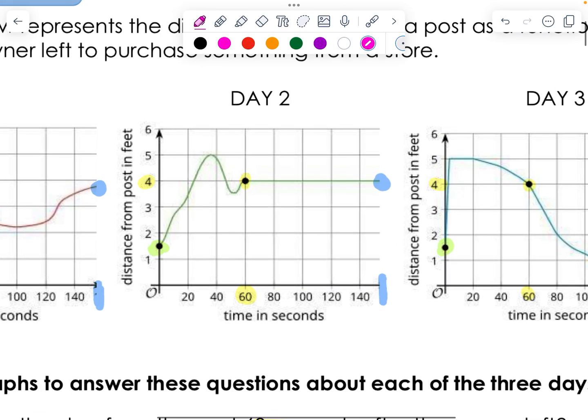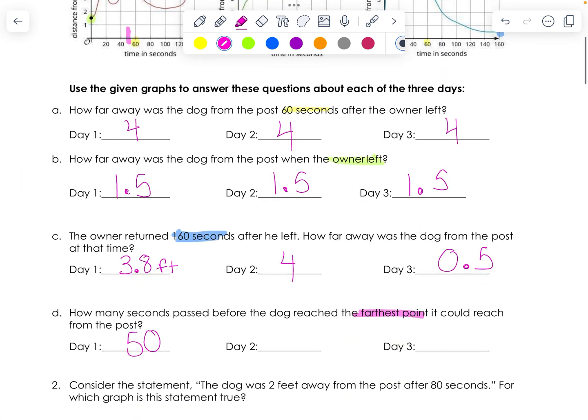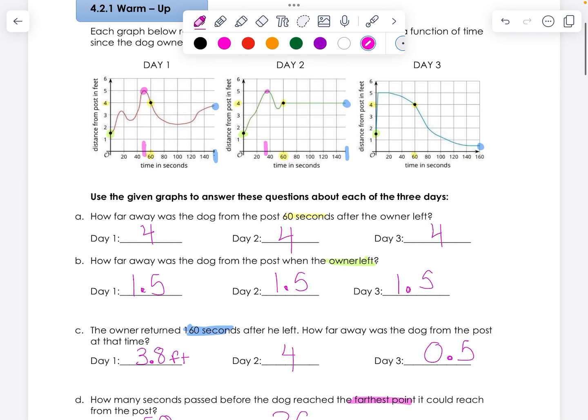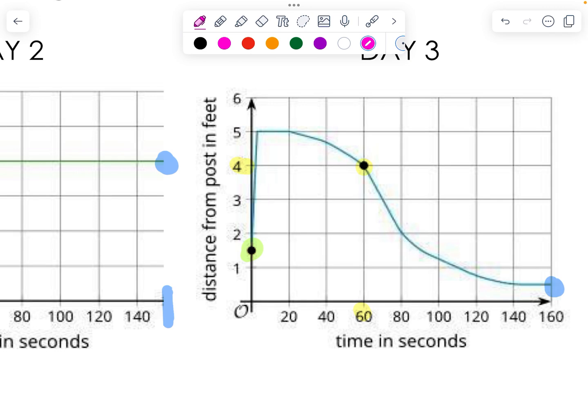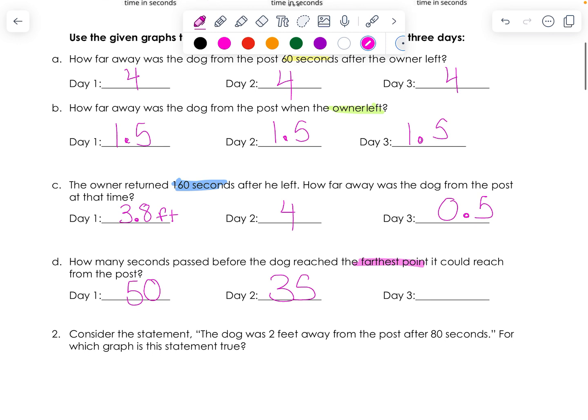Day 2, the furthest point is right here at 5 again, but at 35 seconds. And day 3, he got to that furthest point rather quickly, so maybe 5 or 10 seconds would work for that one.